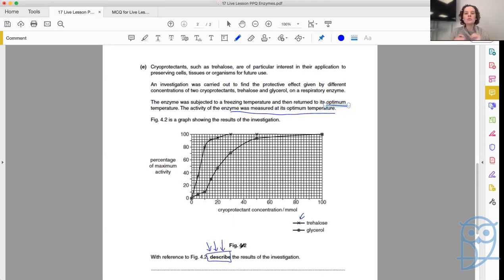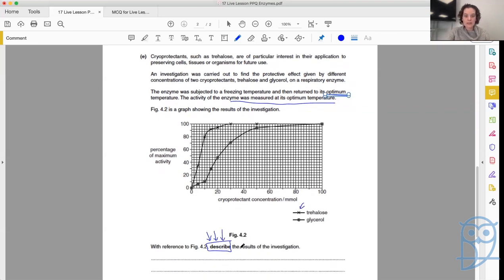That's all the sorts of things that you're doing, okay? Just describe it. So what do we have if we think about descriptions here? Well, first off, we want to look at the general overall pattern, and they both increase. Increasing cryoprotectant increases percentage of maximum activity.